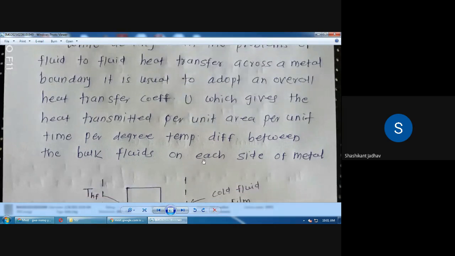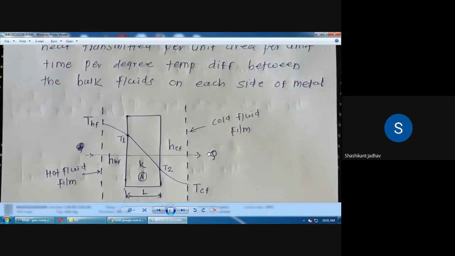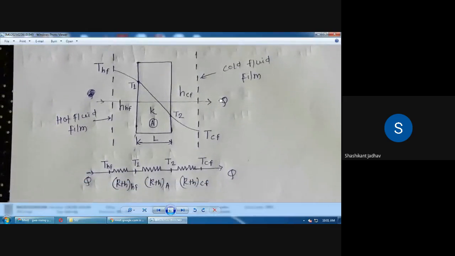Okay, so for this we have to draw this diagram. At the center there is one solid component, and on the left hand side of this solid component there is a hot fluid film, meaning hot fluid, and on the right hand side there is a cold fluid.